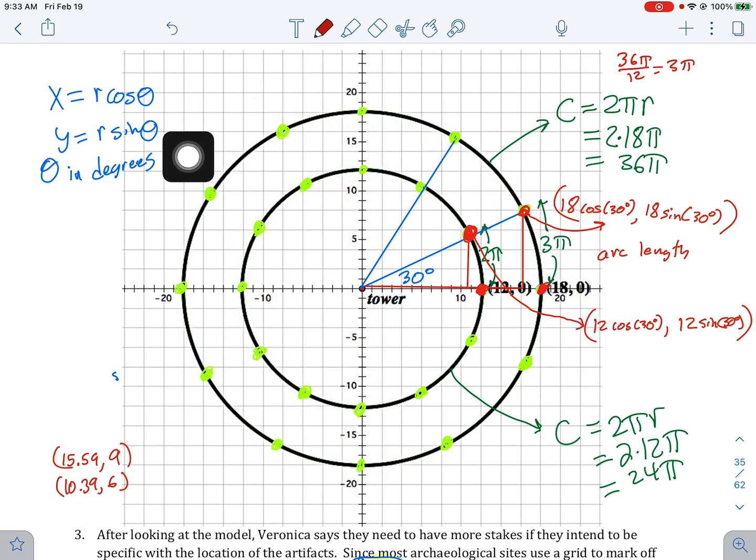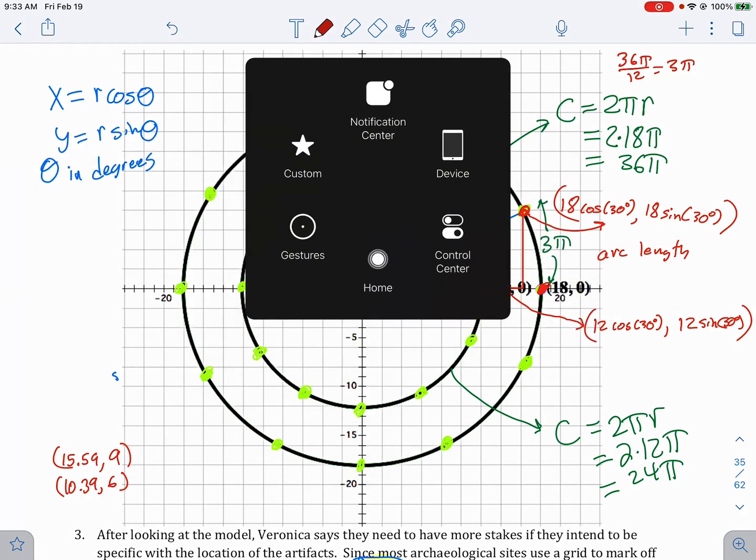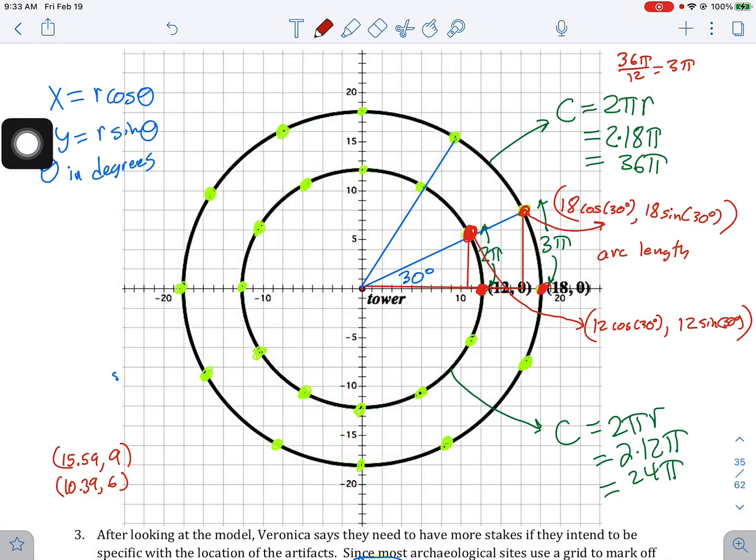for each of these going around, we're going to use degrees here in terms of calculating our xy coordinates, although later we'll end up using radians, but for now we just use degrees.